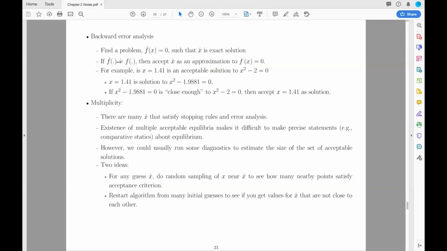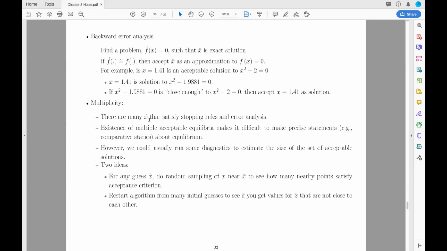Well, in some contexts, two functions being close in L2 or L infinity is not good enough information, because in order for two functions to be really similar for the problem, it has to be similar in terms of its derivatives also. So you have to measure it in a Sobolev norm or something. So backward error analysis has difficulties, and so you don't see it used much in economics.